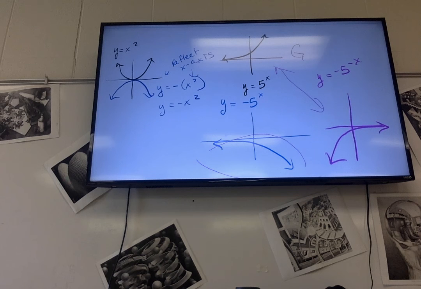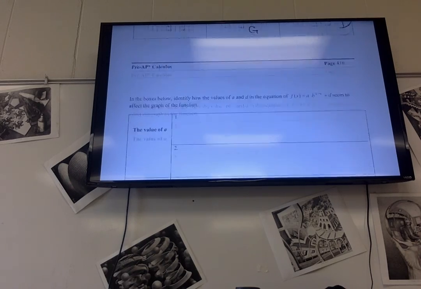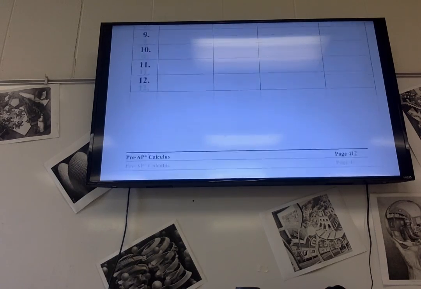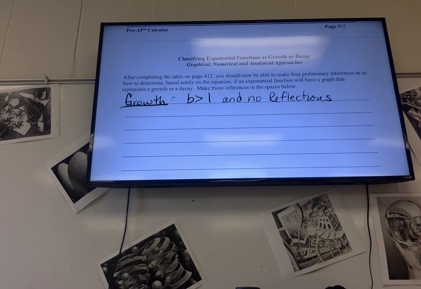But it's still going to go back to growth. We would just put it in a different spot. So, what we get from that is it's growth if B is greater than 1 and there's no reflections or 2 reflections.